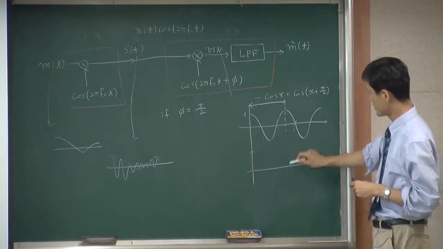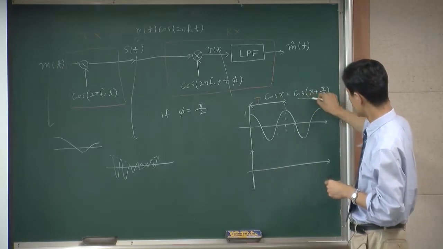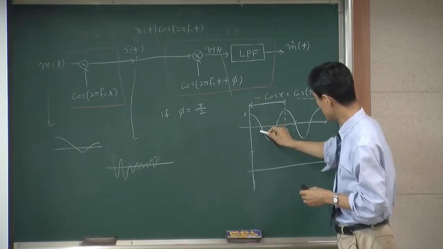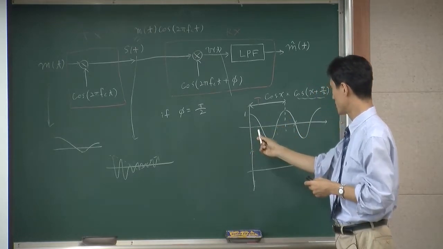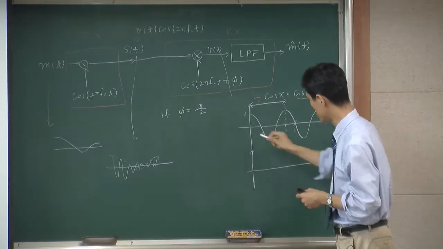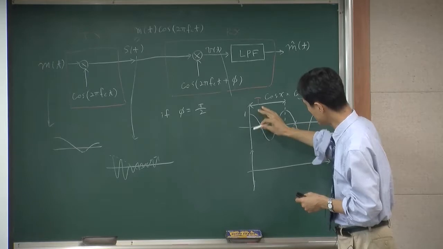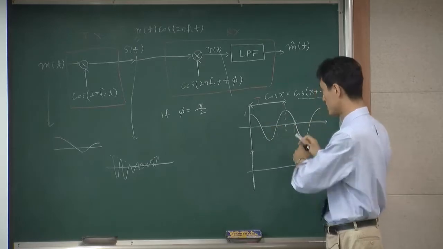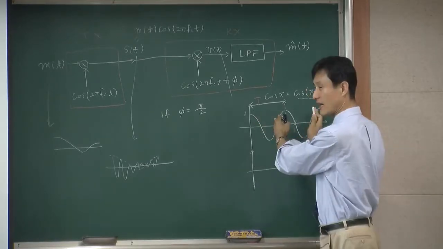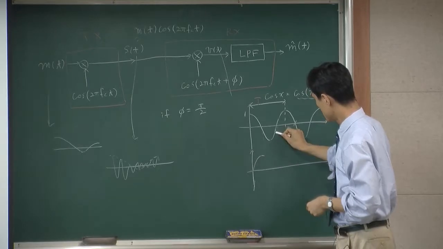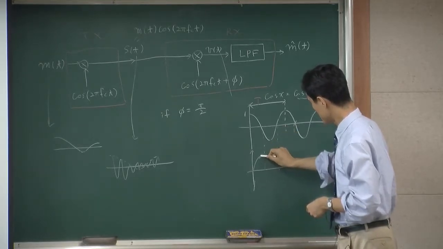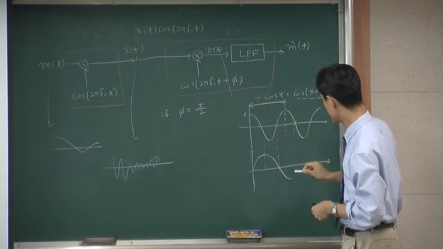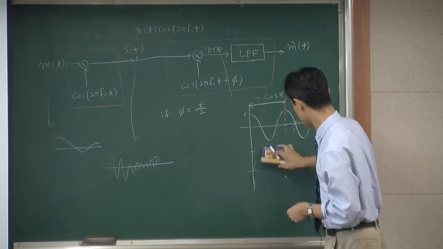This is the original cosine, but what I like to do is draw the phase difference. So when you add the phase difference of 90 degrees, maybe you can move it to the right, let's say. It doesn't matter left or right, but when you add the phase of 90 degrees, this one needs to be shifted because we have a different phase. So when you shift by 90 degrees, it looks like a sine.